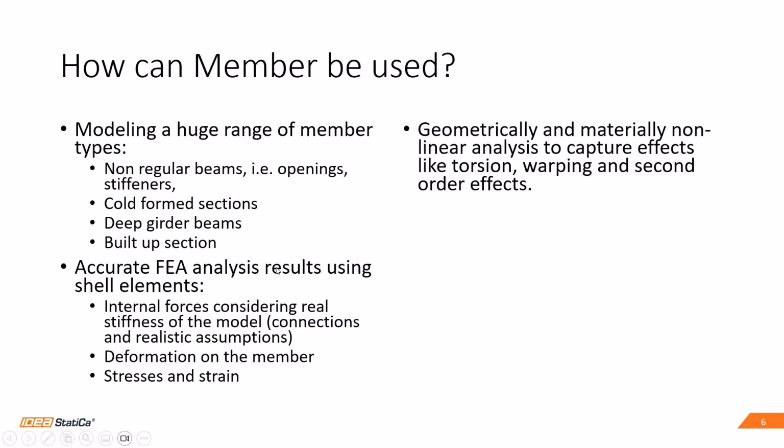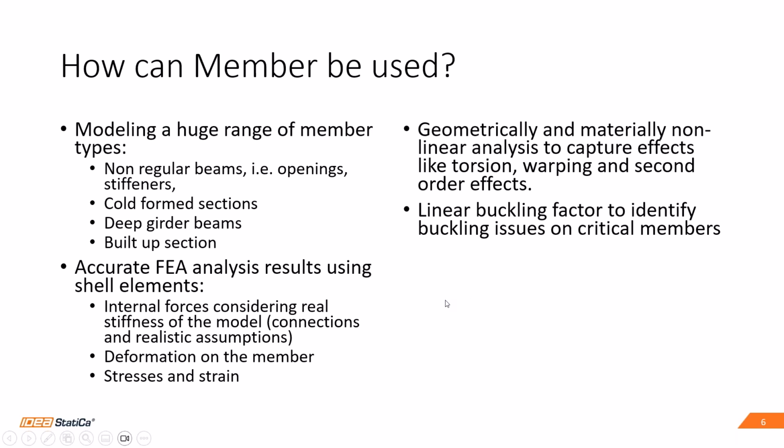Then you can also run advanced geometrically and materially nonlinear analysis to capture effects like torsion, warping, and second order effects. So that is something that you cannot capture with beam theory or manual. Well, you can capture it with manual calculations, but it is hard to do.